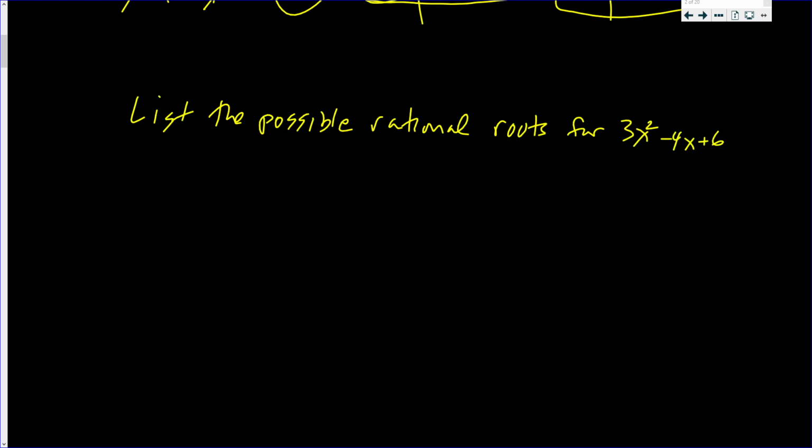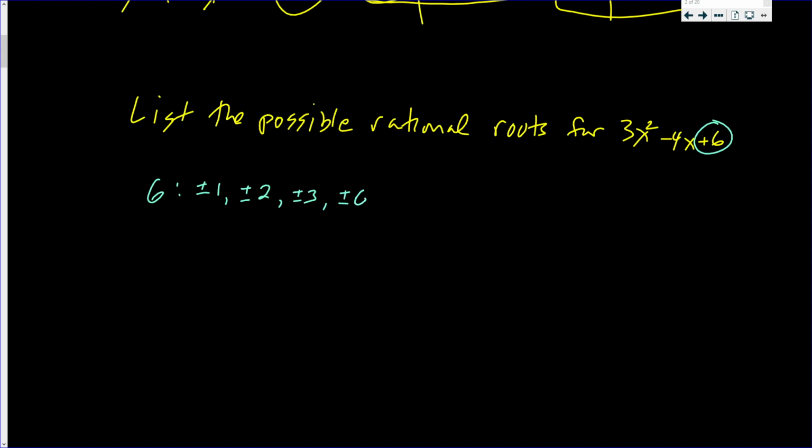And the way you do it is you take the constant and you ask yourself, what numbers go into the constant evenly? The answers are 1 and -1 go in evenly, 2 and -2 go in evenly, 3 and -3 go into 6 evenly, 4 does not, plus minus 5 does not, but 6 does.